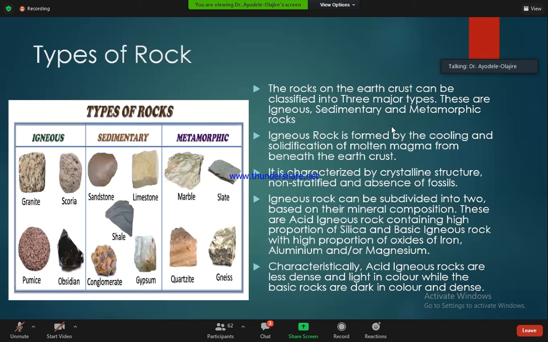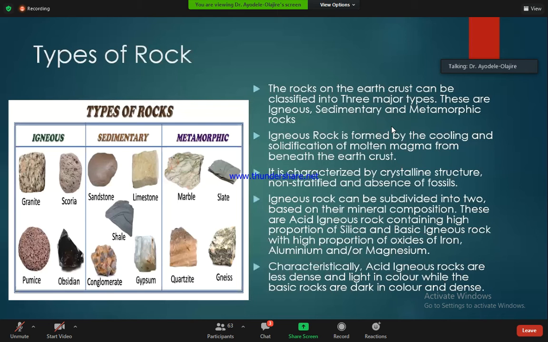So that's really obsidian. It's glassy in nature somewhat. Granite is a type of rock I know a lot of us are very familiar with. If you go to any construction site, you expect to find granite. So these ones that I've mentioned are examples of igneous rocks. As we move to the other types of rocks, we'll talk about their examples as well.